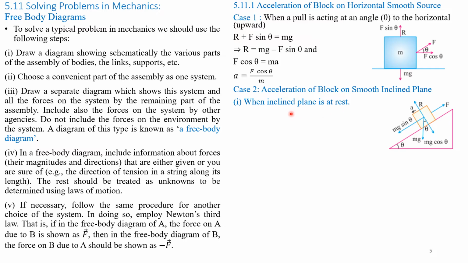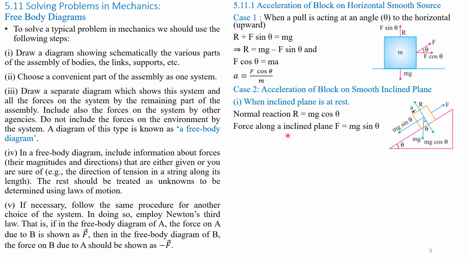Therefore, when the inclined plane is at rest, the inclined plane itself is not moving, so only the body is moving. Then normal reaction R is equal to mg cos theta. So this is the mg acting downwards and this component is mg cos theta.